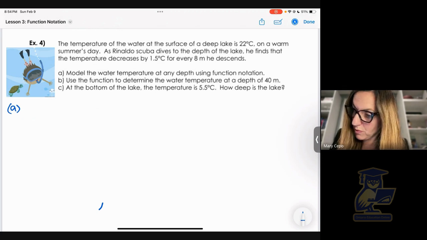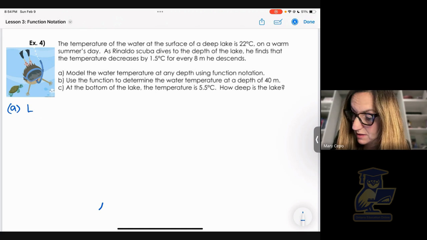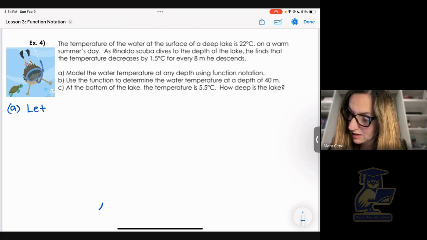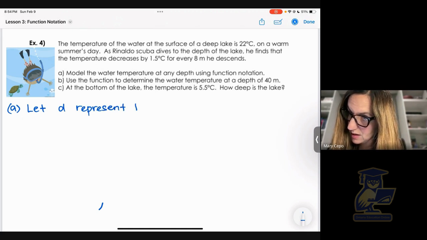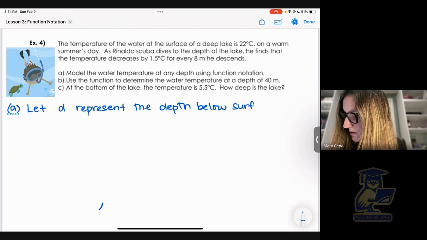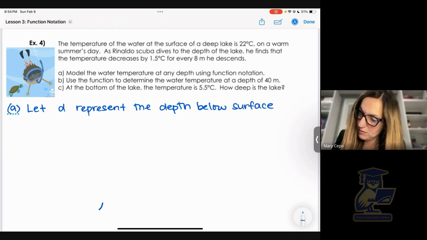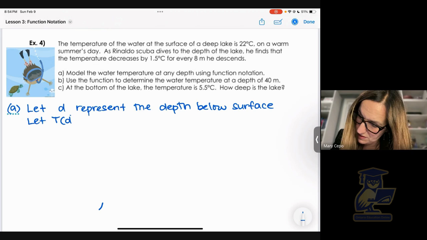So when we're modeling, we're going to come up with, of course, let statements. We're going to say let D represent the depth below surface, and that's our input, our independent variable.